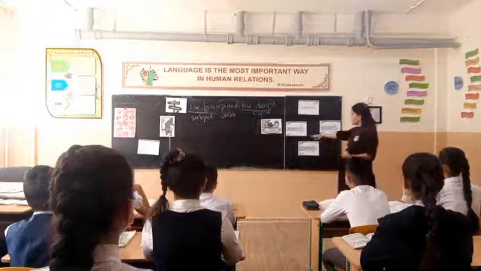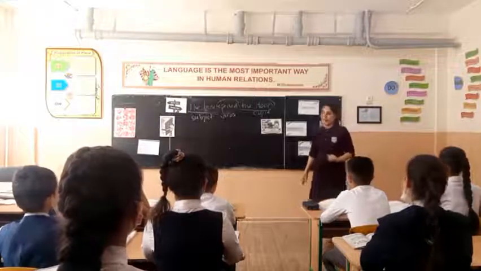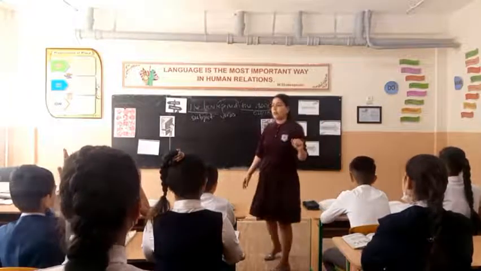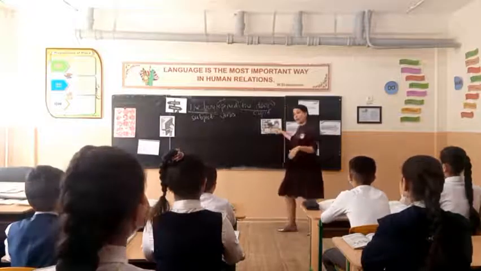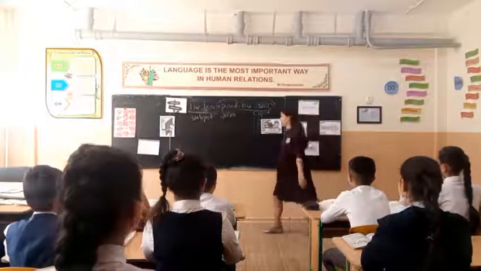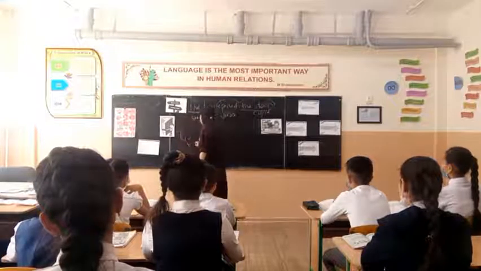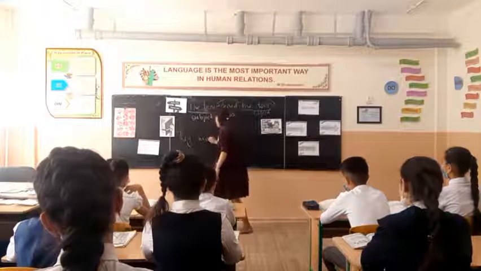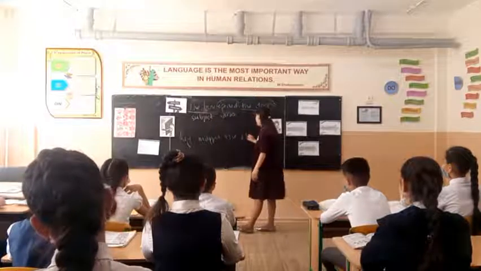So, let's look at the second picture. What can you see here? You please. They mopped the floor. They, as boy and girl, are mopping the floor, right? Let's say they mopped the floor, right?